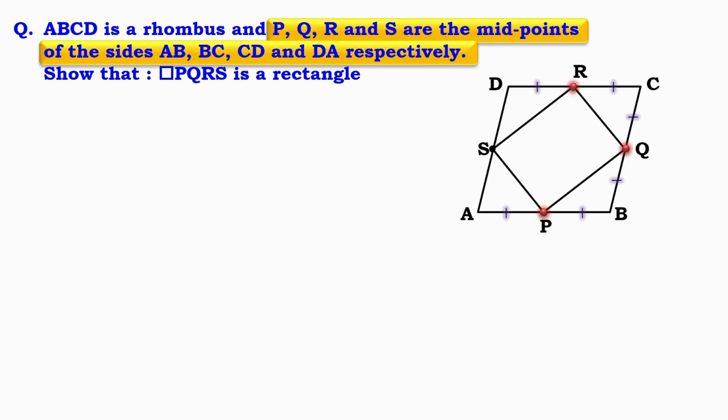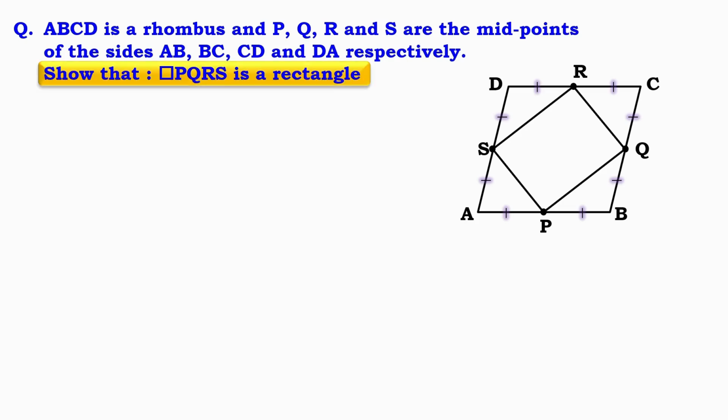Correct. Since S is the midpoint, it bisects AD, so DS equal to SA. Similarly, P bisects AB, Q is the midpoint of BC and R is the midpoint of CD. Now what we need to prove?